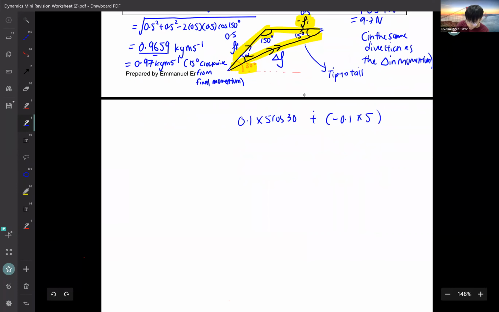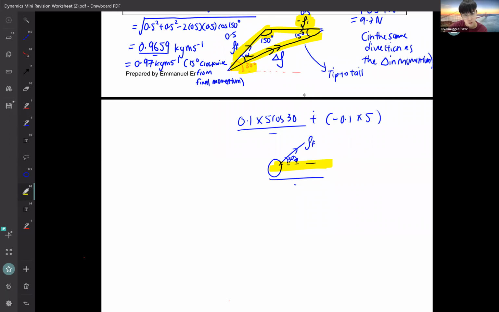Let me explain why. For the 5 cosine 30, you are finding the 0.1 times 5 cosine 30, the final momentum, and you thought that you are resolving through this 30-degree angle. The problem, Cheyenne, is that you are only finding the horizontal component of final momentum.